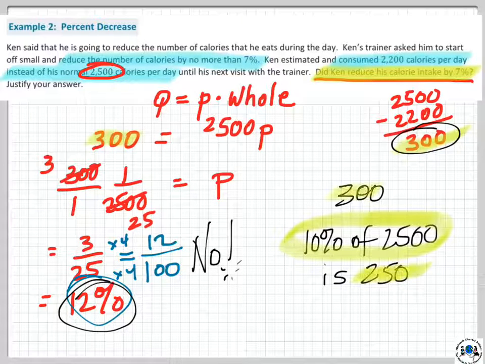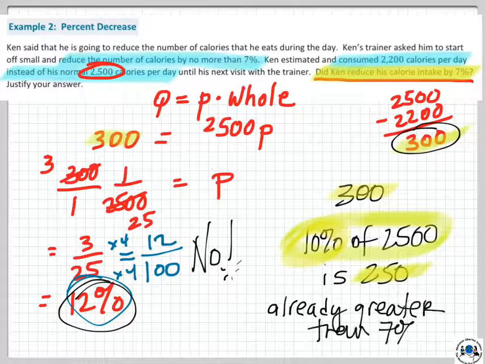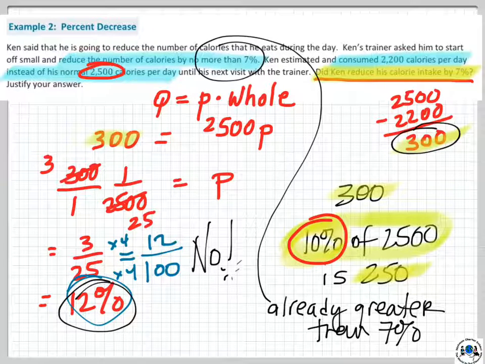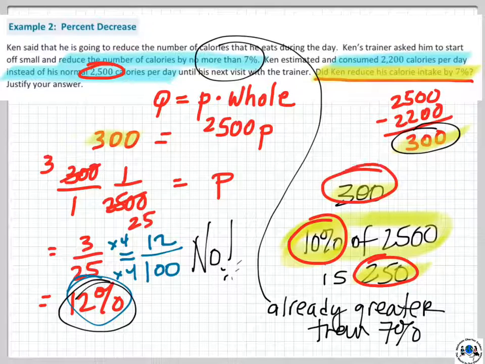So if he's already greater than 7% just by looking at 10%, then I know he has not done a good job. He is already over 7%, just by estimating 10%, which is 250, not even 300 yet.